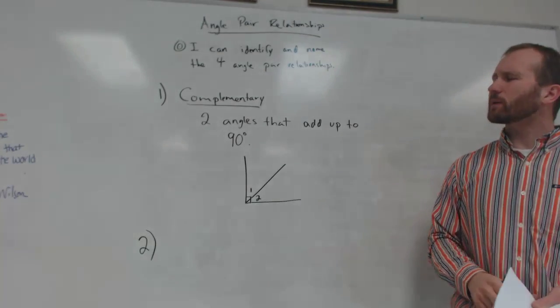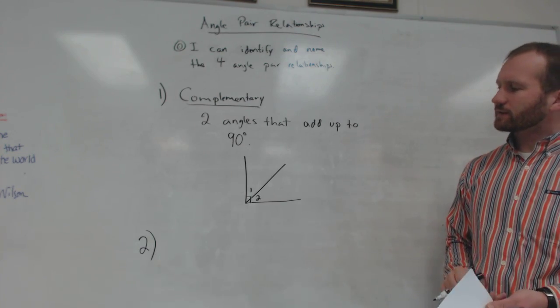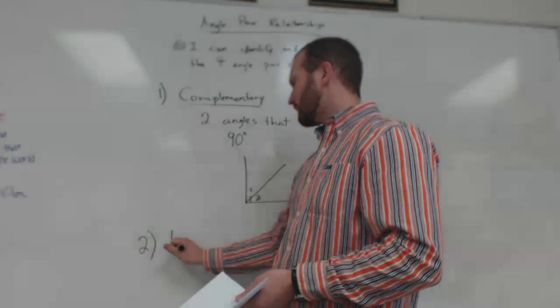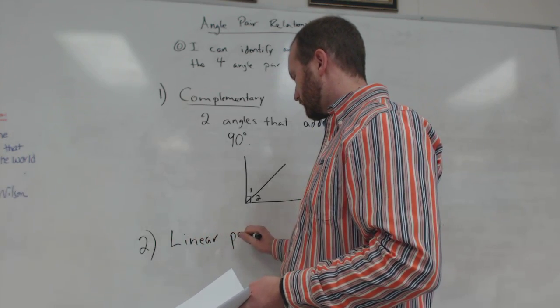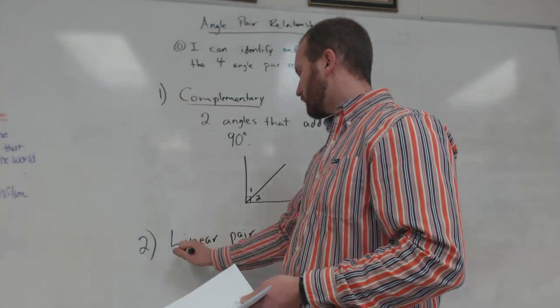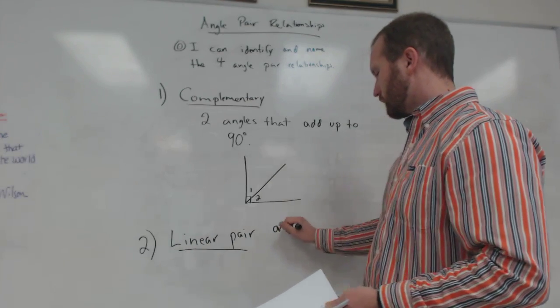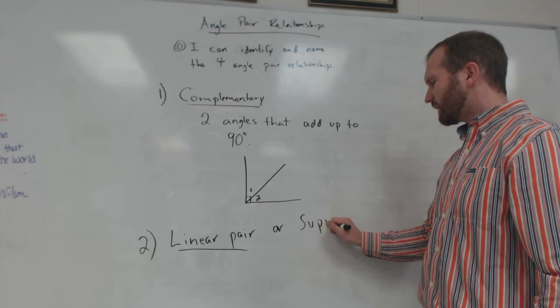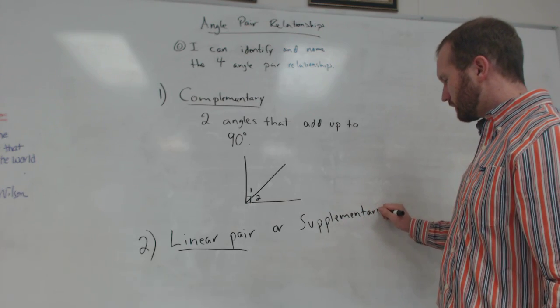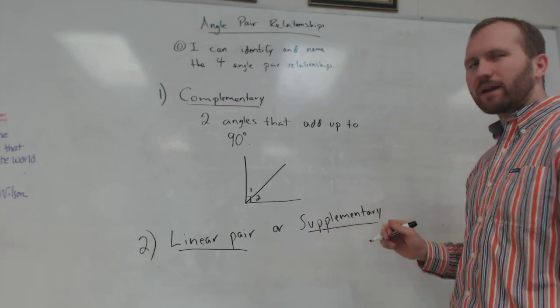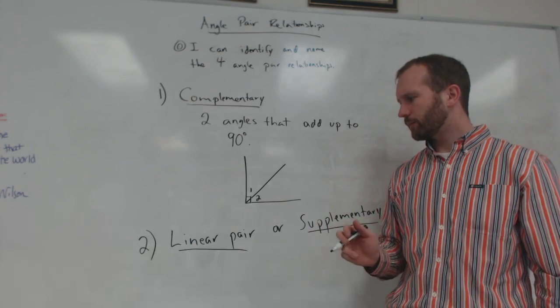And then you guys said supplementary. I think typically what's more common in geometry is you'll hear a linear pair. And as far as I can tell, that just means the same thing as supplementary. I'm not 100% sure on that.